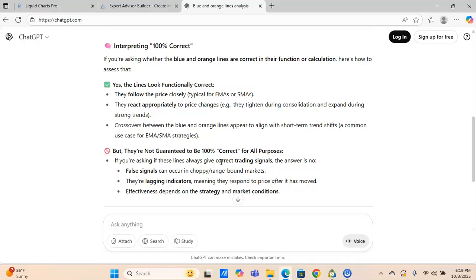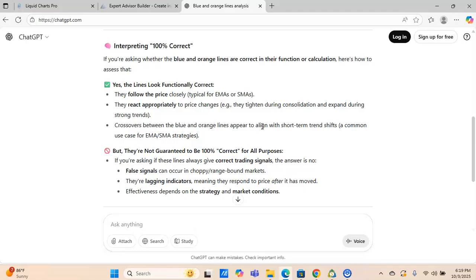guaranteed to be 100% correct for all purposes, because at times it can consolidate, and that's true. That's the whole point. Consolidation does happen, and that's the stuff we got to accept. So sometimes we think, damn, my strategy don't work. The strategy works. We just got to accept it, again, be a disciplined loser in trading. That's why a lot of people fail at trading. They have a strategy, and when they lose some trades, they go back to the drawing board as if they did something wrong.